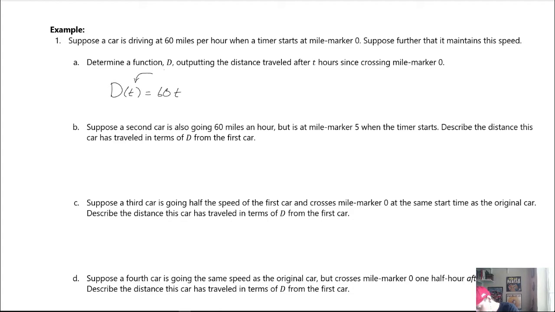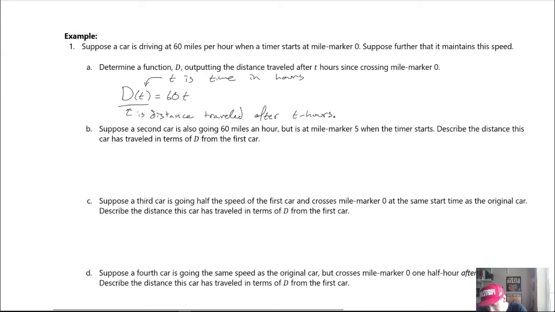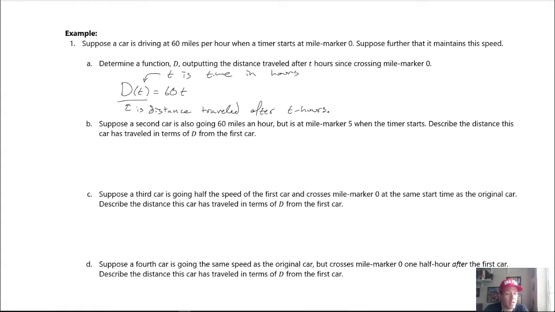Let's make sure we understand. t is time in hours, and d of t is the distance traveled after t hours. All right. So that's our original situation that we're going to have as our baseline.